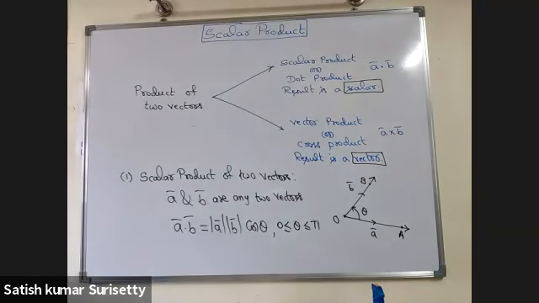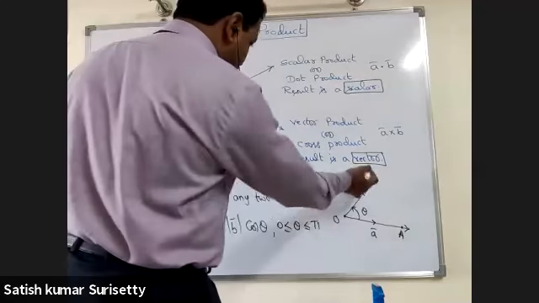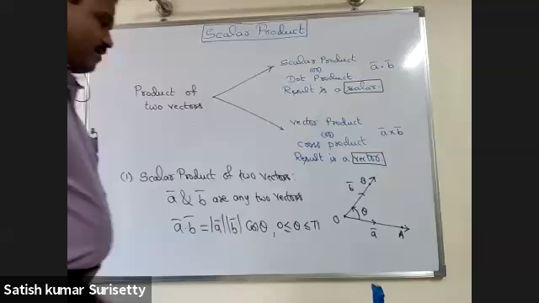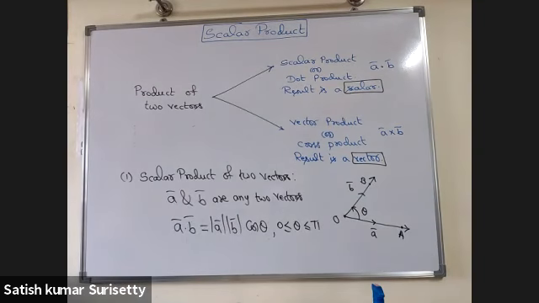If I consider OA bar as A bar and OB bar as B bar, then theta is the angle between A bar and B bar, which lies between 0 to pi.